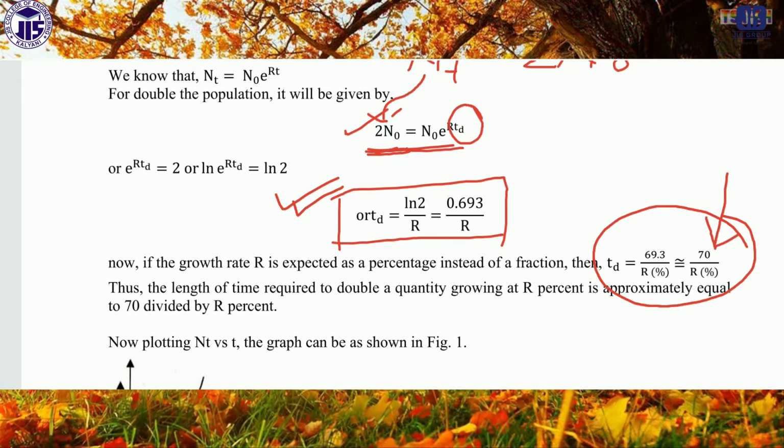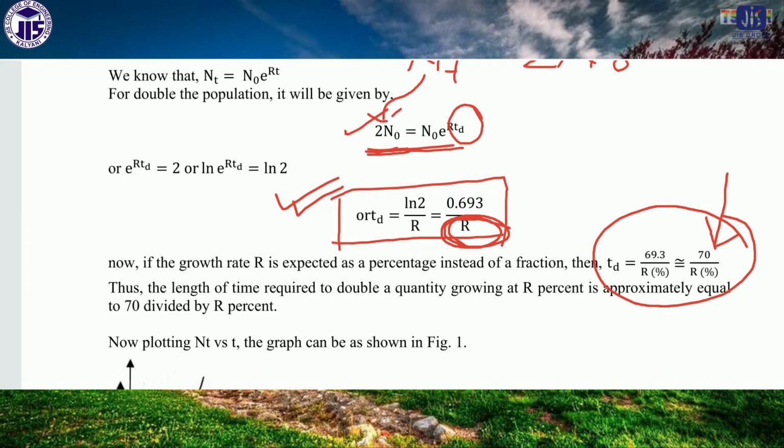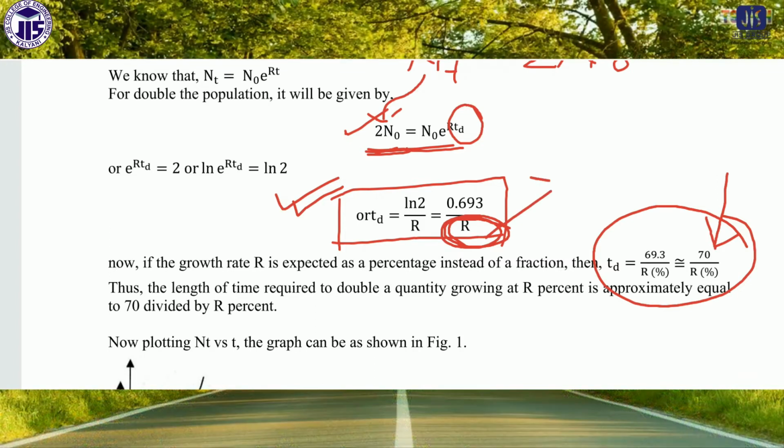So approximately 70 divided by r. Keep in mind what this r is, because there will be another r in the next topic. You should not be confused with that r, because here the capital R is the exponential growth rate constant.